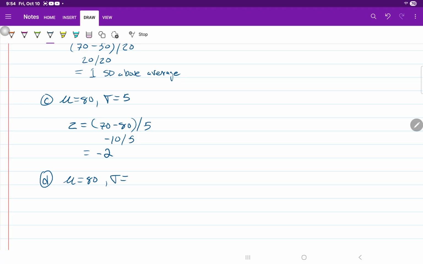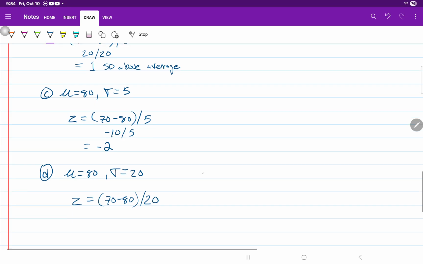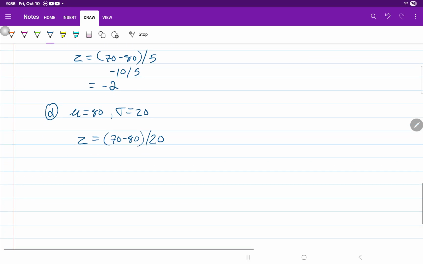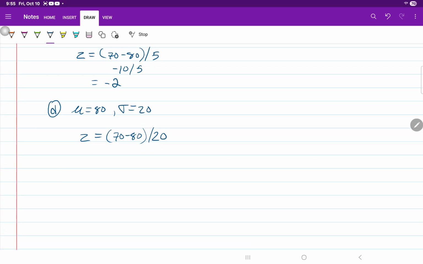was equal to 20. So again, z would be equal to your score of 70, again minus the mean, but in this case, there's a lot more spread in the class. Standard deviation for the class was 20. So before I figure it, try to think, what do you think it's going to be?